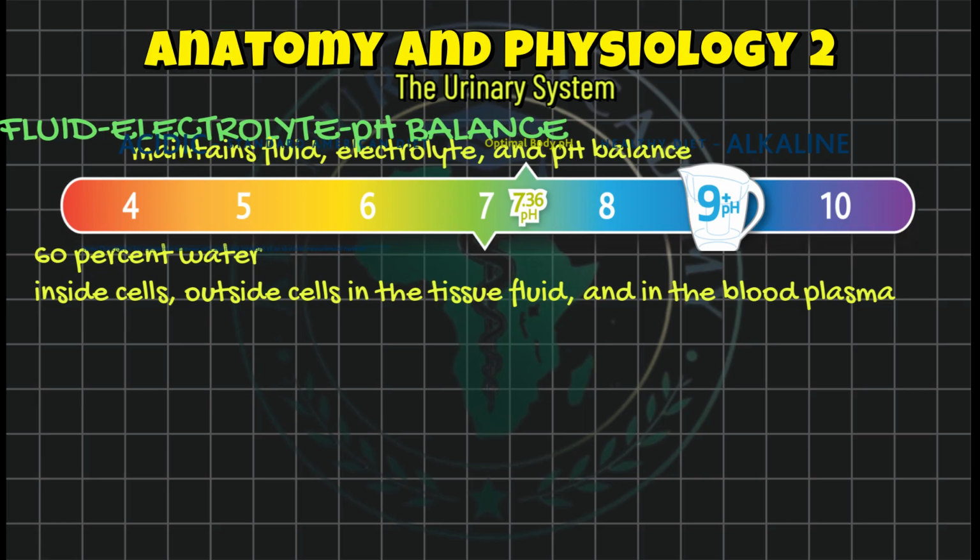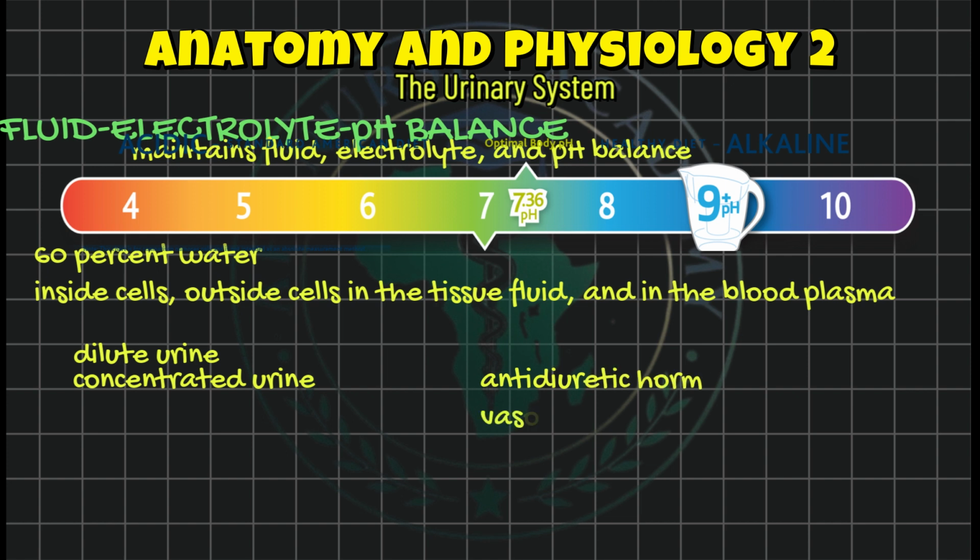The kidneys regulate water balance through their ability to produce either dilute urine when you have excess water or concentrated urine when you need to conserve water. This is controlled primarily by a hormone called antidiuretic hormone, or ADH, also called vasopressin. Here's how it works.